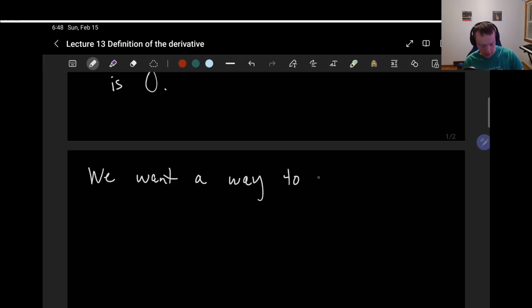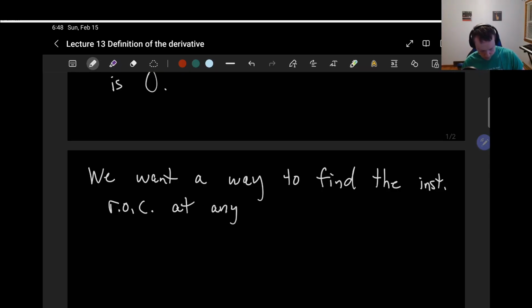So we want a way to find the instantaneous rate of change, not just at a single x value, A, but any x value we want. So that's what will make this more powerful.